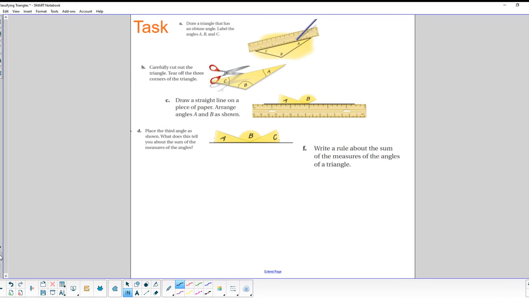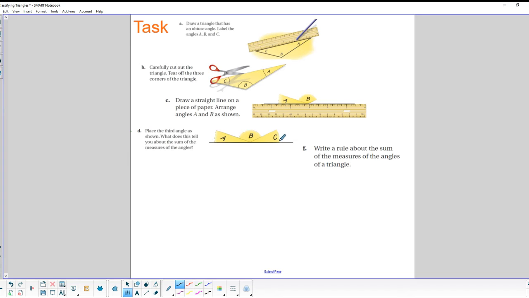Okay, now you may have done this experiment before, but you might want to try this sometime. Just make a little triangle and then label each corner with an A, a B, or a C. Then if you cut each of these corners off and lay them out on a straight line like this, you'll find out that the three corners on this triangle add up to a straight line, which makes that a 180-degree angle.